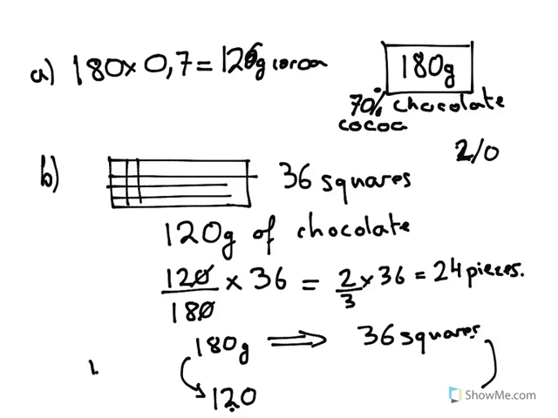Multiply by 120 and divide by 180, you'll get 120 grams. So you do the same thing here. And this can be simplified to 2/3. So if you multiply 36 by 2/3, in the same way we do when we're trying to work out percentages, first work out 1% and then work out 100%, that would also give you 36 times 2/3, giving you 24 pieces. So you can choose whichever way you want to calculate it.